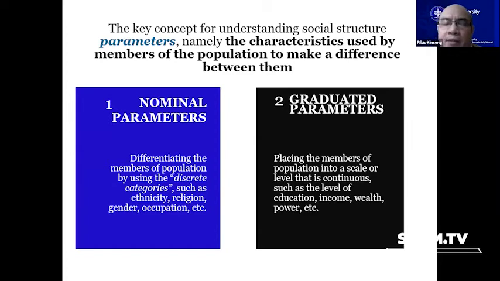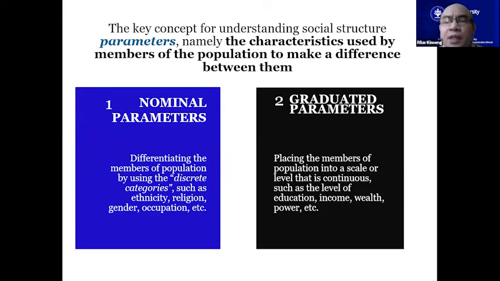The same goes for wealth as well as power. Those who are in power, and then those in the middle, and then those who more or less don't have power, compared to the people at the top of the scale.